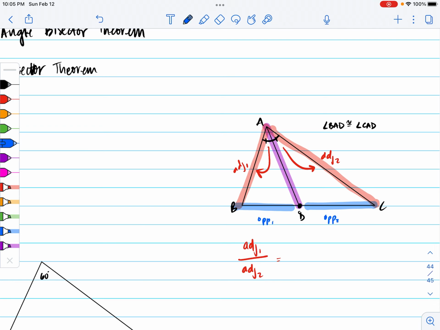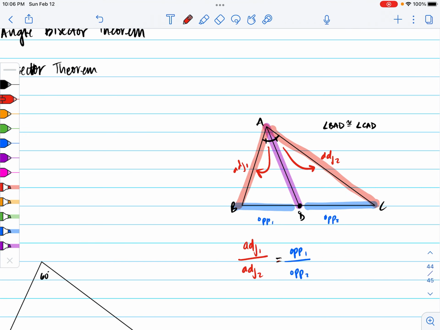And then we're going to follow the same pattern, opposite 1 over opposite 2. Okay, and this is traditionally how I've always shown you this entire chapter. Take the one triangle, its corresponding side, take its side on the left again, line it up with its corresponding side, okay?